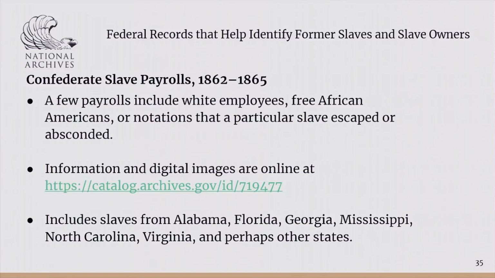A few payrolls include white employees, African Americans, free African Americans, or notations that a particular slave escaped or absconded. And these slave payrolls are being put online in our catalog, and we give you the link in the handout and on the screen.